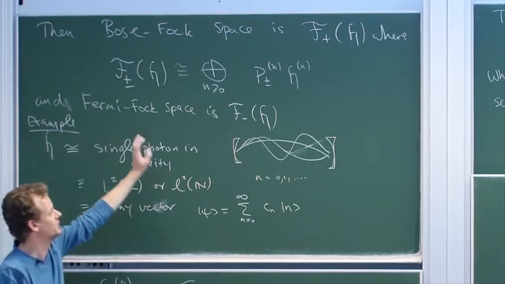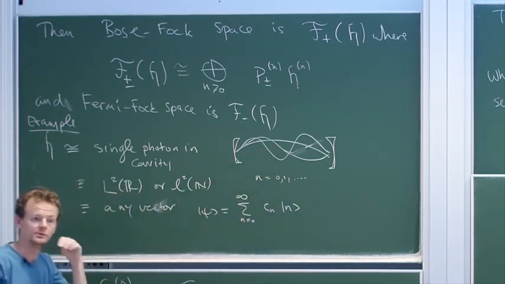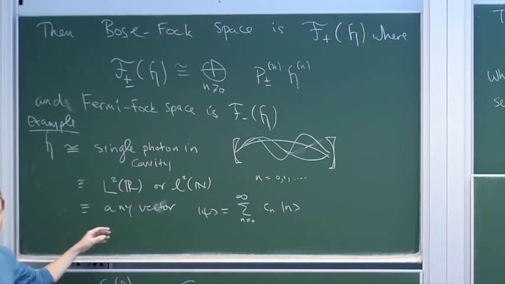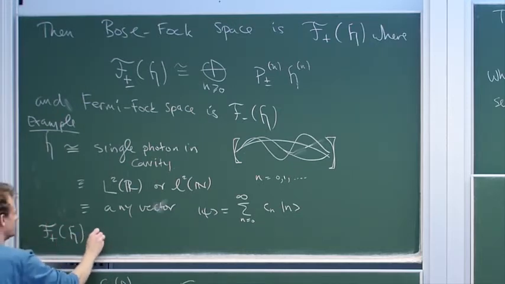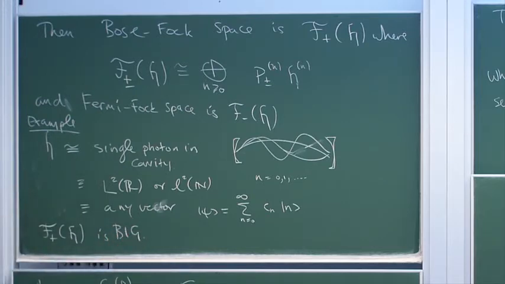And when you talk about multiple photons in a cavity, an indefinite number of photons in the cavity, then you have a whole lot more possible states available to you. So it's big, right? It's an infinite collection of harmonic oscillators, if you like.